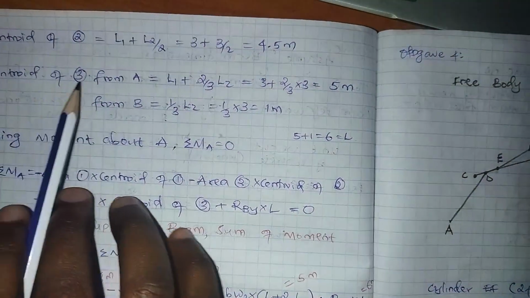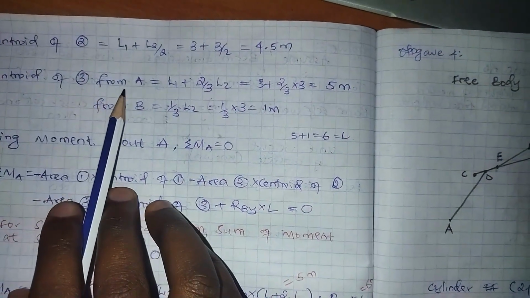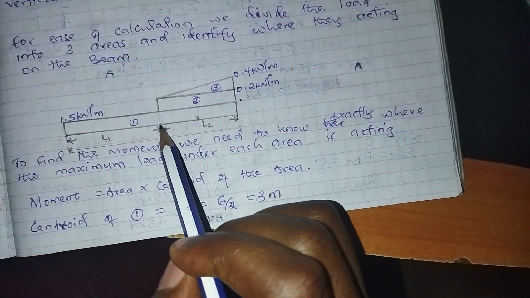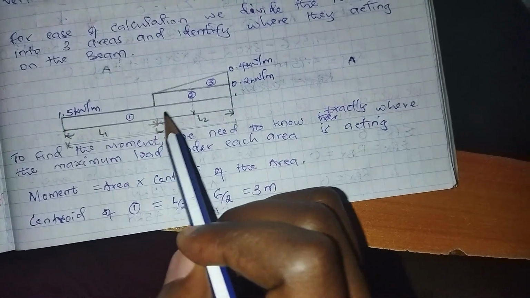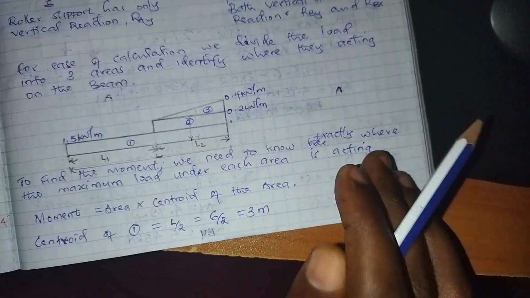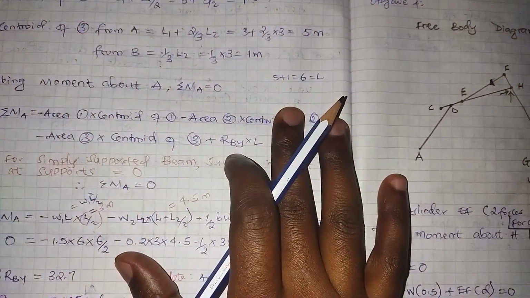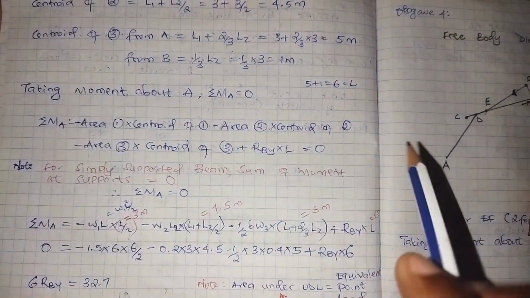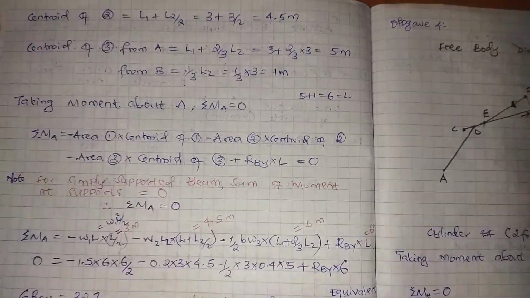The centroid of the third one from point A is also starting from this point: this length up to here plus this point up to the centroid, around here. And for a triangle, the centroid is found depending on the direction that you're coming from.